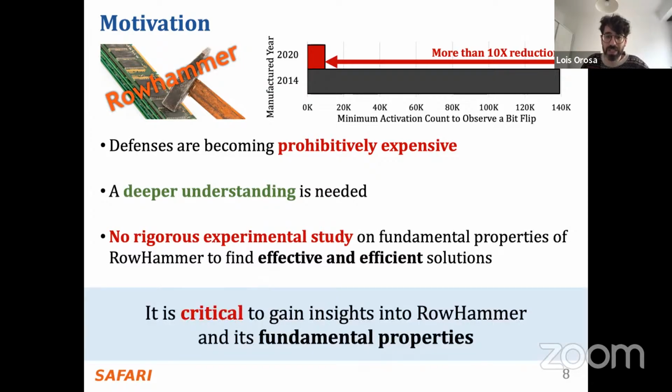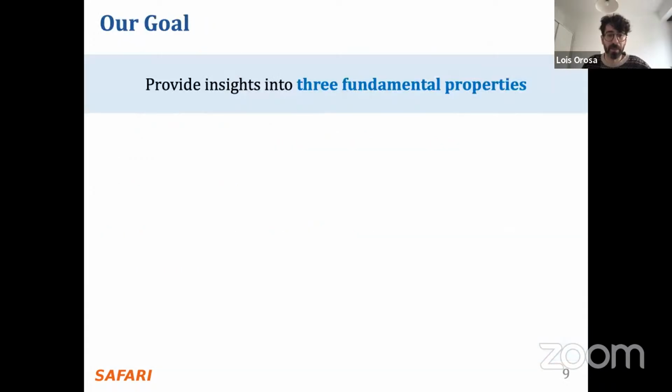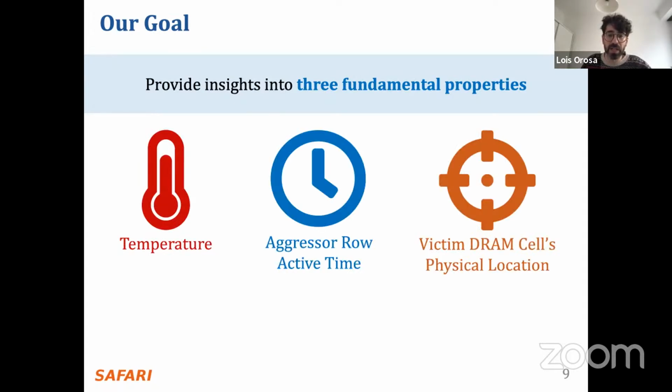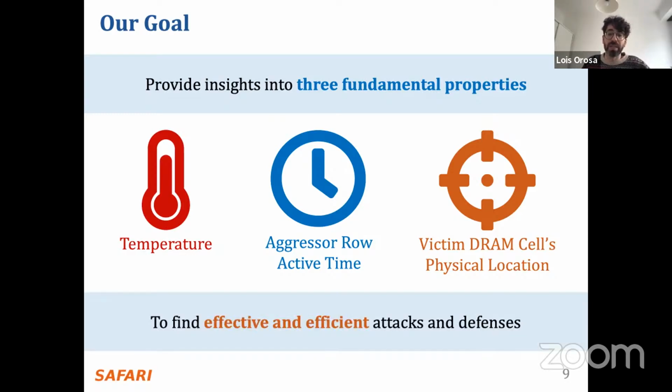Therefore, to enable RowHammer's safe operation with future DRAM chips, it is critical to gain insights into RowHammer and its fundamental properties. Our goal in this work is to provide insights into three fundamental properties of RowHammer: temperature, aggressor row active time, and victim DRAM cells' physical location. By doing so, we are enabling research to find effective and efficient attacks and defenses.